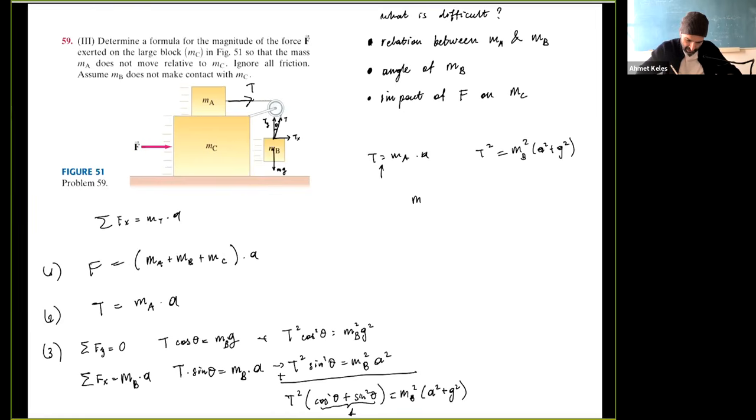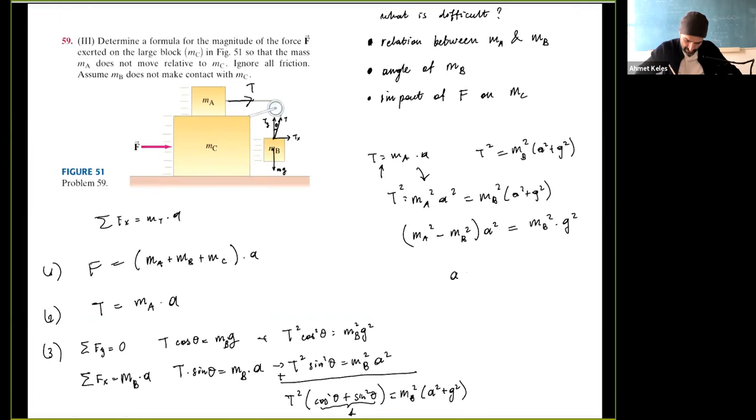Then T squared is equal to MA squared A squared from here, and this is equal to MB squared A squared plus G squared. Can I solve this equation for A squared? Yes, I can. MA squared minus MB squared times A squared is equal to MB squared times G squared.